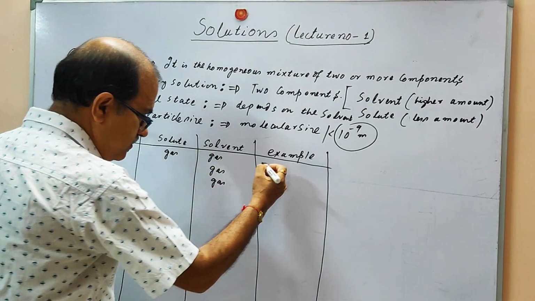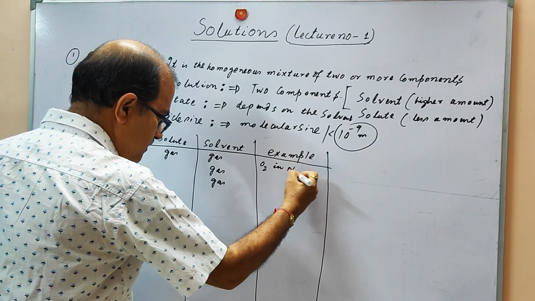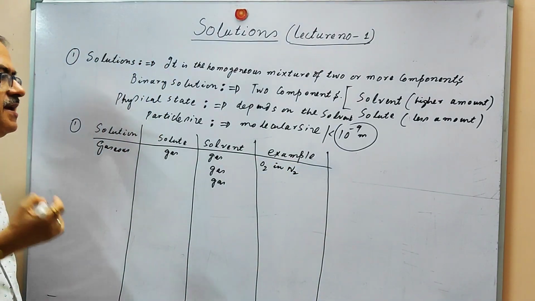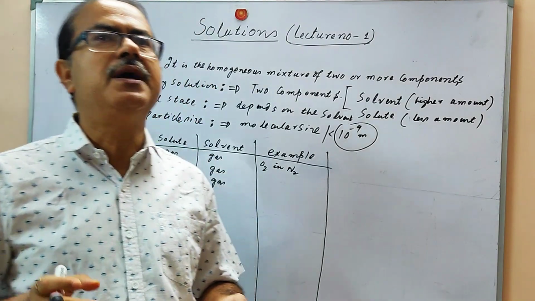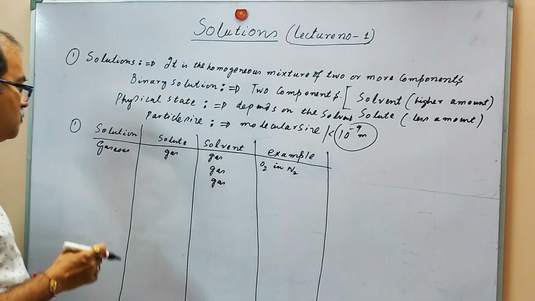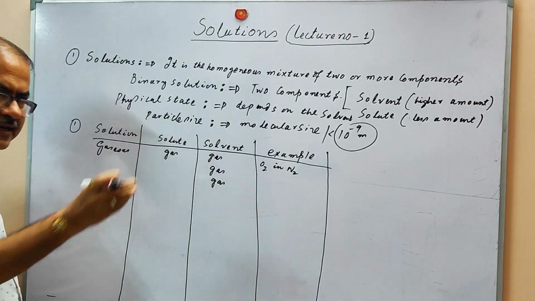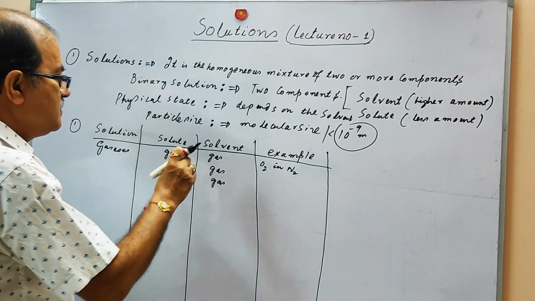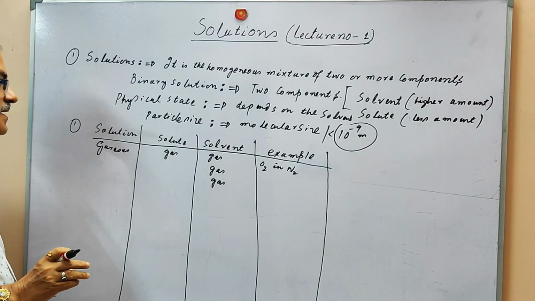An example is oxygen in nitrogen gas, which is what you observe in air, where nitrogen has a higher percentage than oxygen. So gas solute in gas solvent is a gaseous solution.